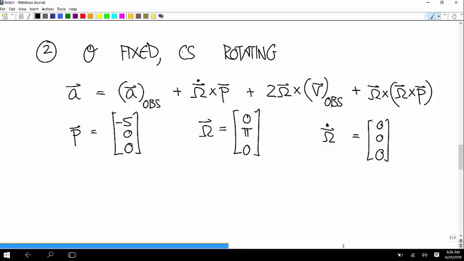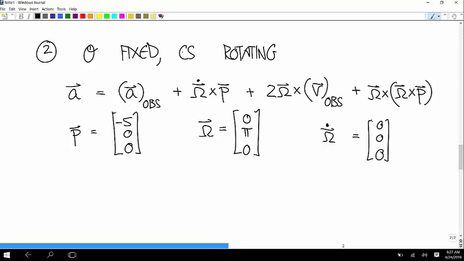And now we have to think about the observed velocity and observed acceleration. So this video camera now is just aimed at the astronaut the whole time. So what does it see?